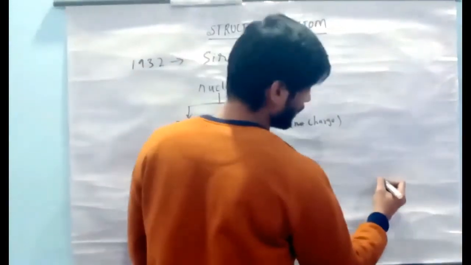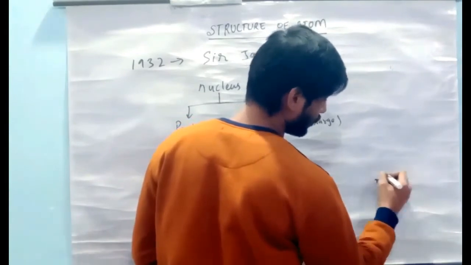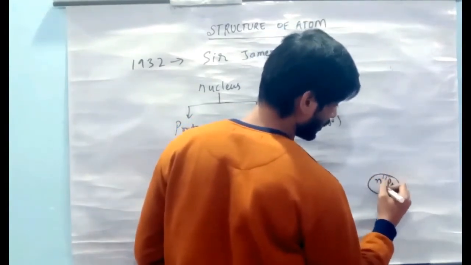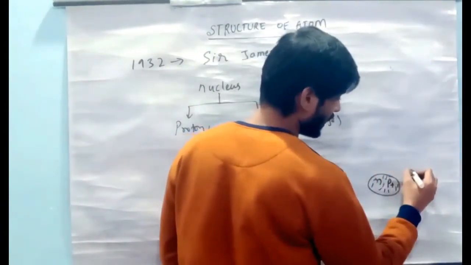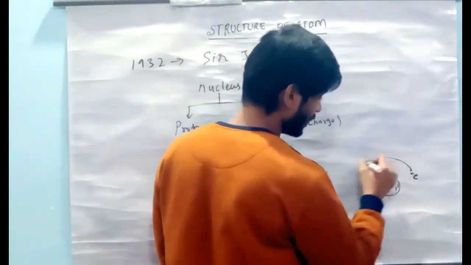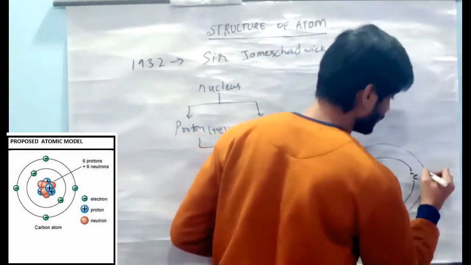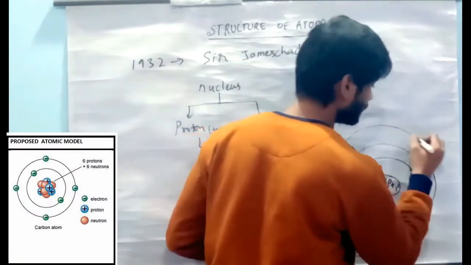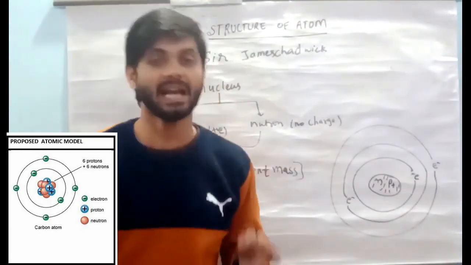How? The nucleus has both neutron and proton, and along with that, electrons revolve around the nucleus. Now the structure of atom was properly completed and explained.